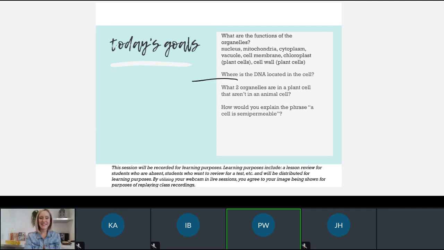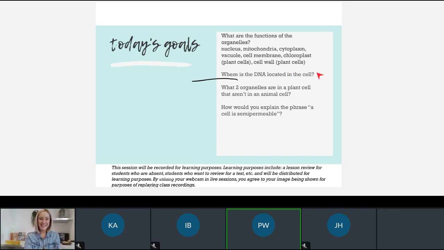What are the functions of organelles: nucleus, mitochondria, cytoplasm, vacuole, cell membrane, chloroplast, plant cells, cell wall. Wait, that says plant cells twice, though, isn't it? Yep, you're right, because it's showing you that the chloroplast is in the plant cell. And the cell wall is specific to the plant cells too.